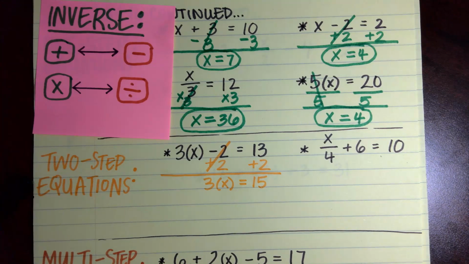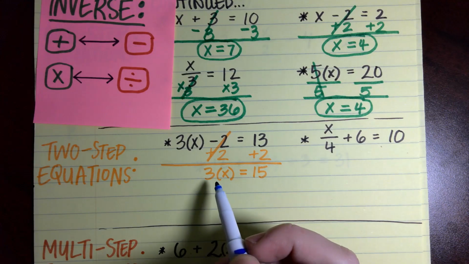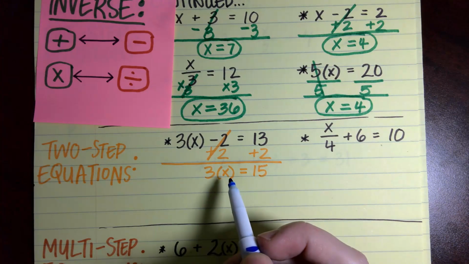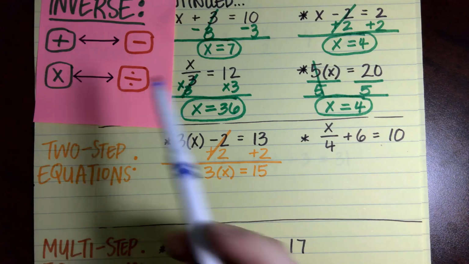Okay, now I have a whole new equation here. We did the first step, but we still have to do that second step. 3x. So we have 3 times x. If we have times, we need to divide to get rid of it.